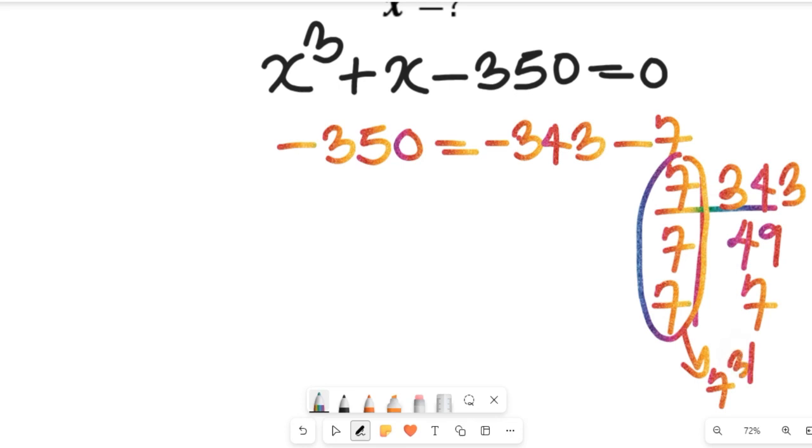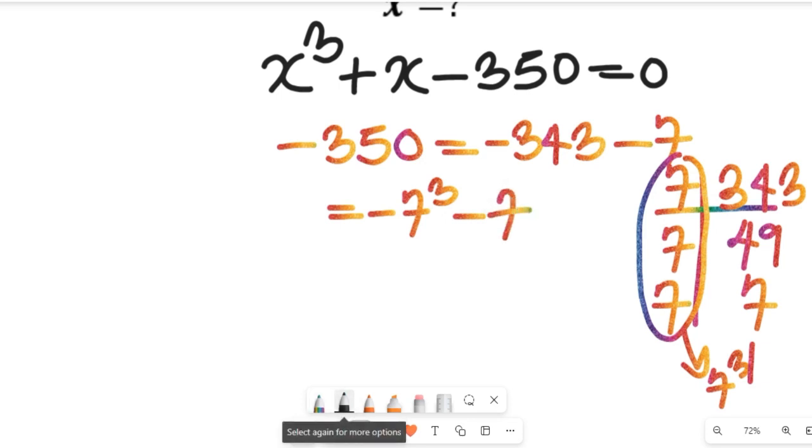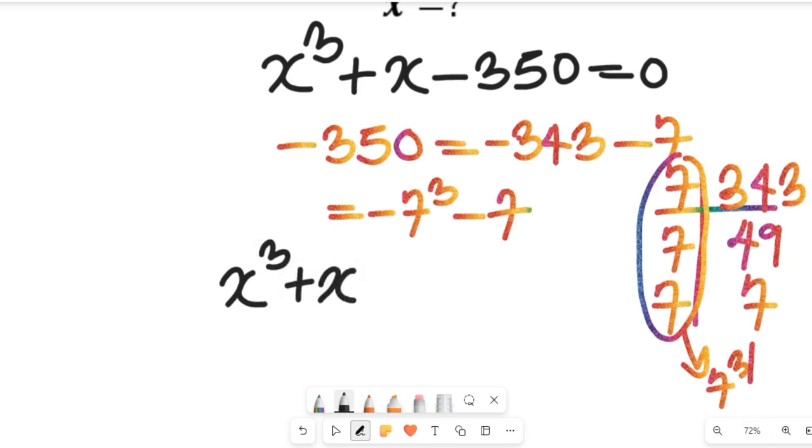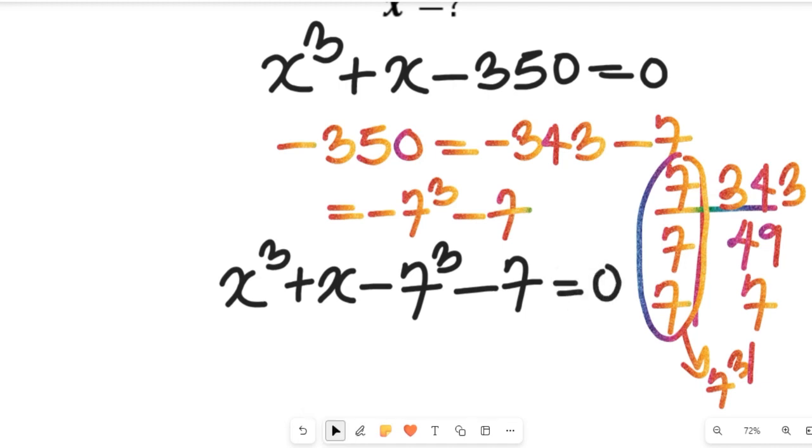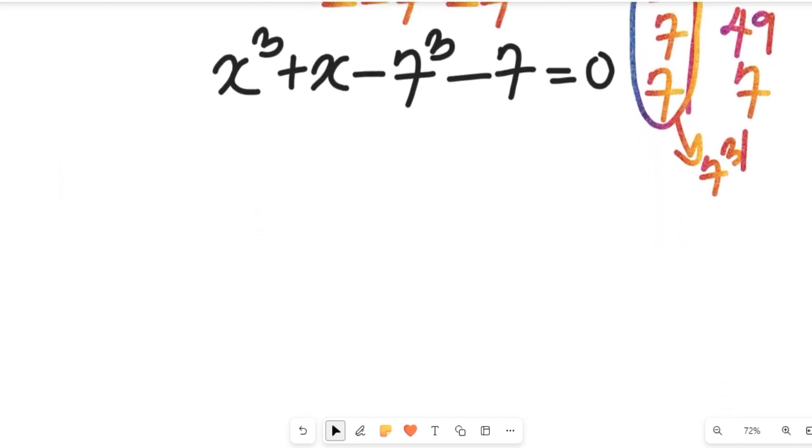That means I can simply replace my negative 343 with negative 7 to the power of 3, minus 7. That expression will now give me x to the power of 3 plus x minus 7 to the power of 3 minus 7, and this will be equal to 0. Great. So now you see I have quietly simplified that expression.